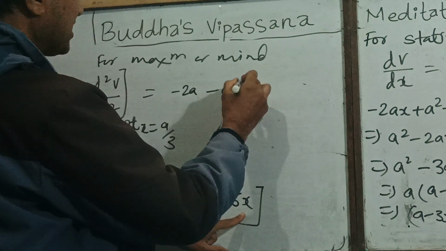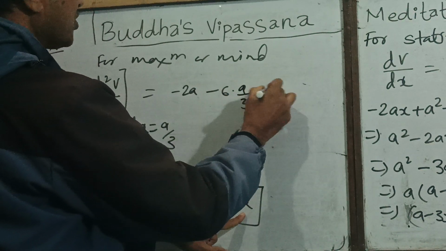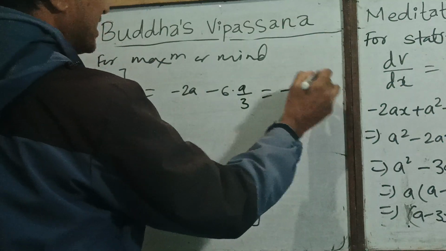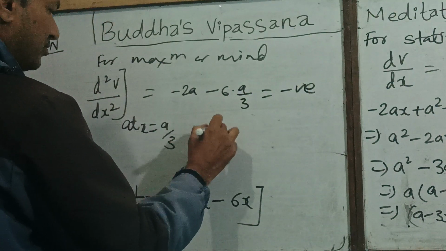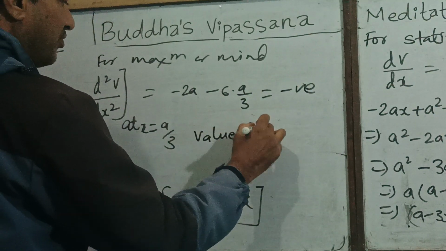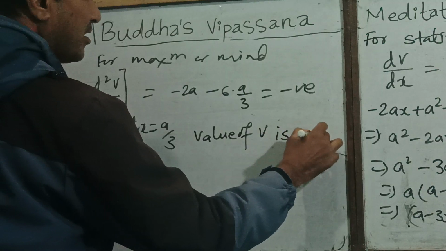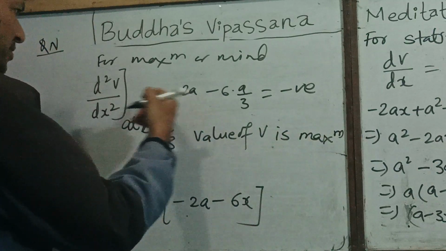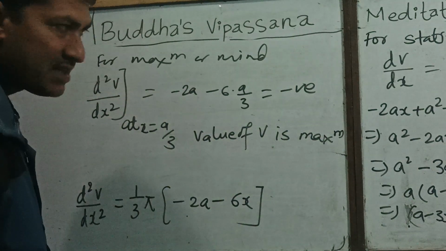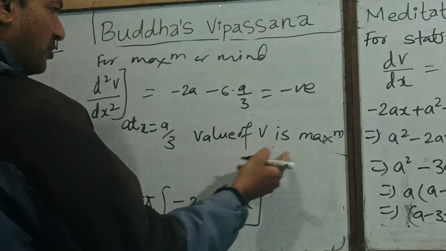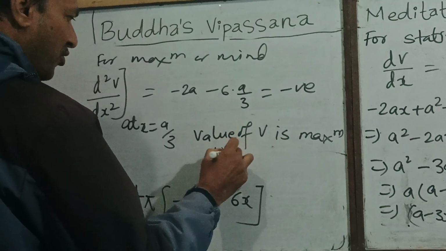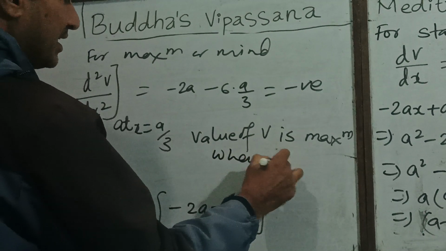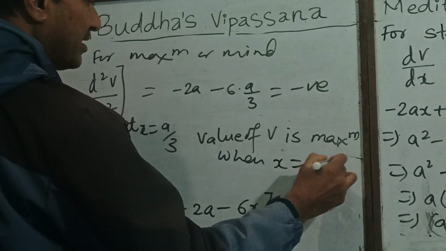The value is a by 3. So this one is going to be negative. So value of V is maximum. I think all of you know, if second derivative is negative, then this is maximum. So volume V is maximum when x is equal to a by 3.